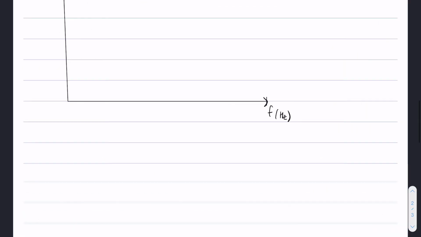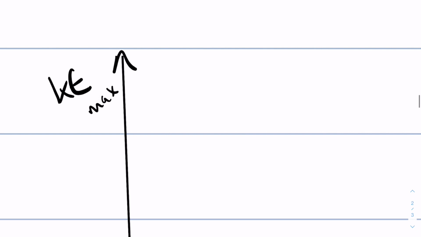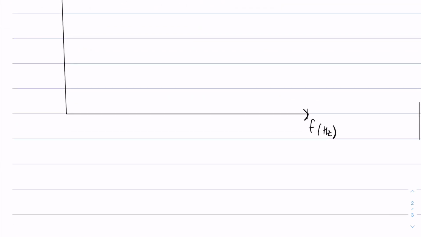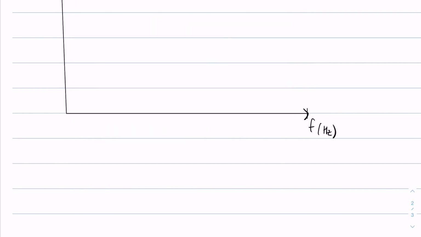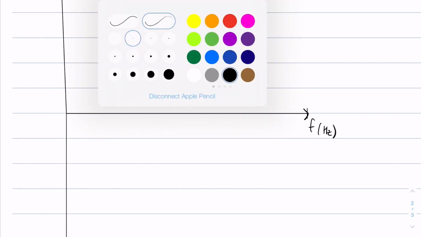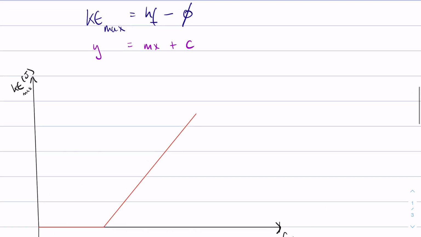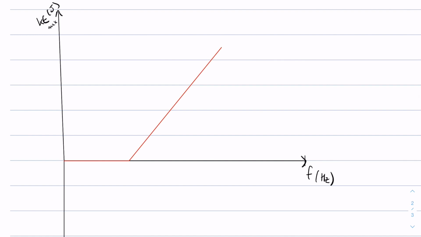We'll put hertz for this, and we can just put joules for the energy. Let's extend the axis down slightly further, make it clear. My line is going to look something like this, and then it's going to go up linearly.